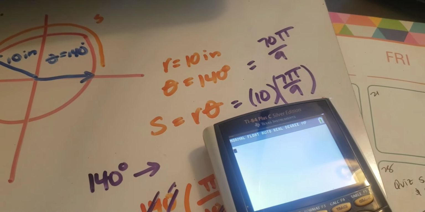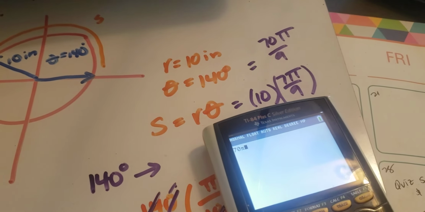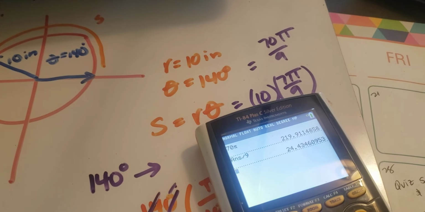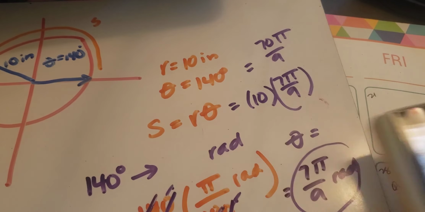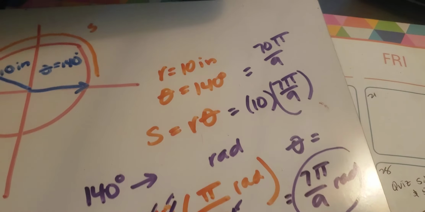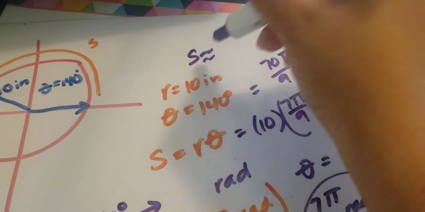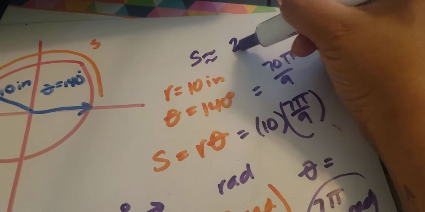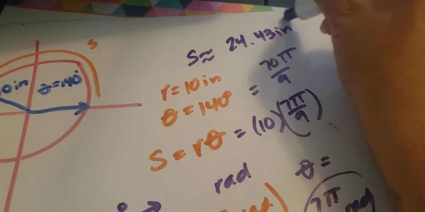I would put in 70 times pi, and then divide it by 9. Approximately, this is what it gives me, and I always want to keep 2 decimal places. So my final answer: S is approximately 24.43 inches, and that's my arc length.